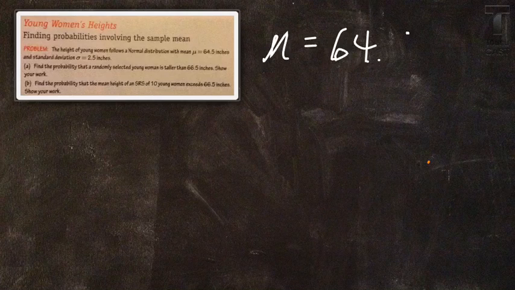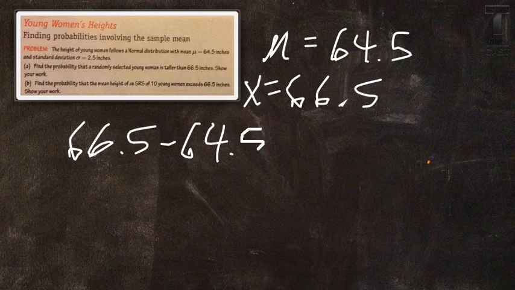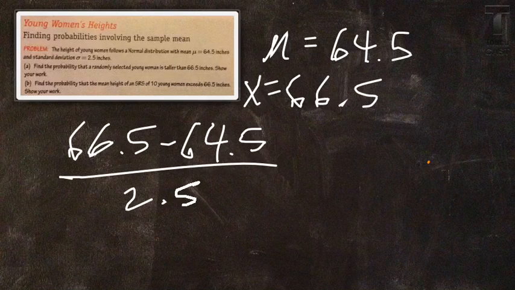First thing we have to do is standardize this value. The mean I told you was 64.5. We're looking at the probability of 66.5. That's going to be our x for our random variable. We'll get a z-score, do 66.5 minus 64.5 over the standard deviation they told us was 2.5. That z-score will be 0.8.